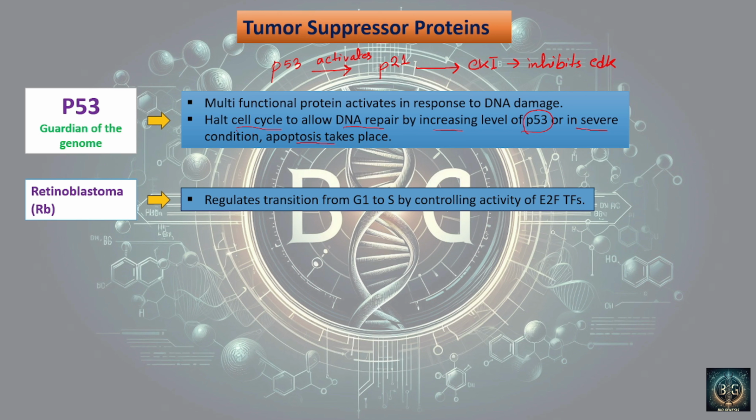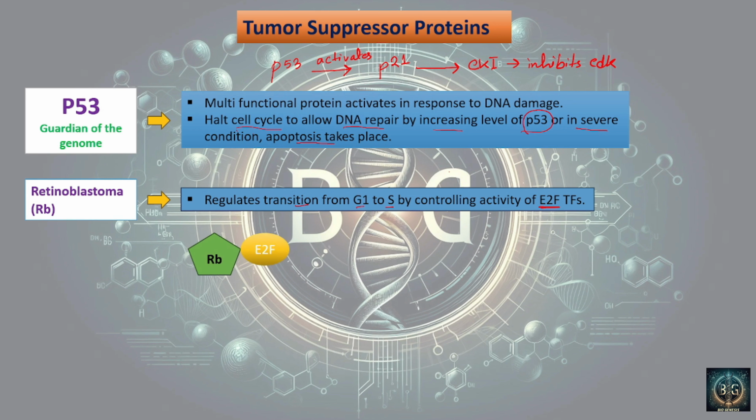By this process, it regulates transition from G1 to S phase by controlling the activity of a transcription factor known as E2F. E2F is a transcription factor. It helps in transcription process. So, retinoblastoma actually controls the activity of E2F and thereby regulates the transition from G1 to S phase.